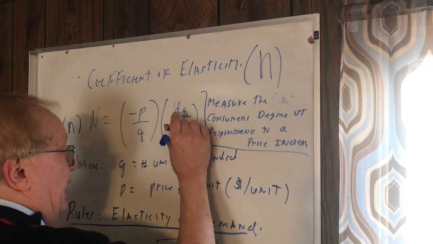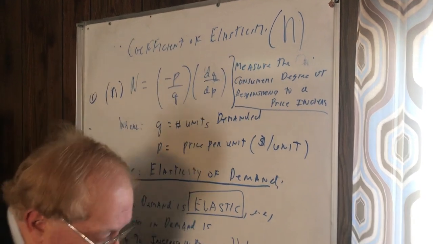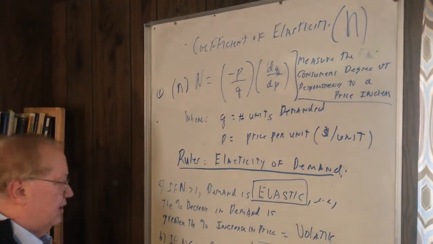Notice it's not simply a rate. This is a rate multiplied by some factor of minus P over Q.